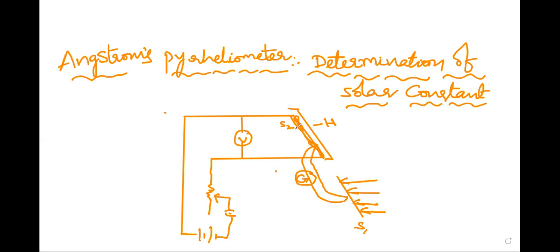To increase the temperature of S2, we apply some voltage, so the current passing through S2 increases its temperature.